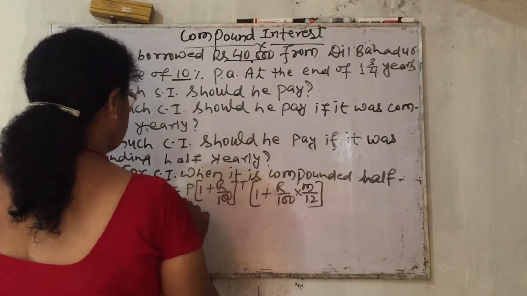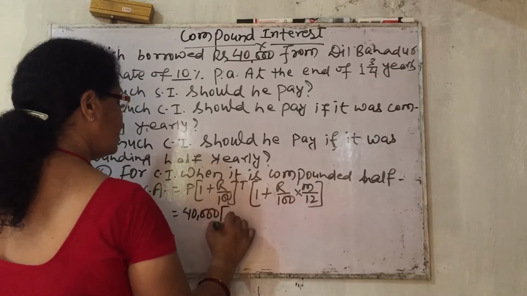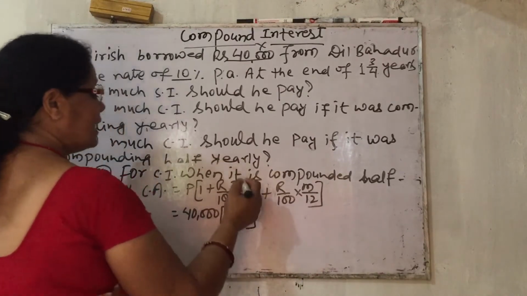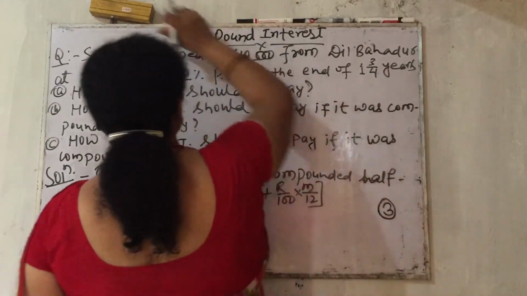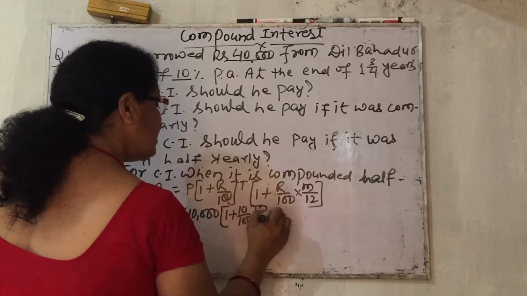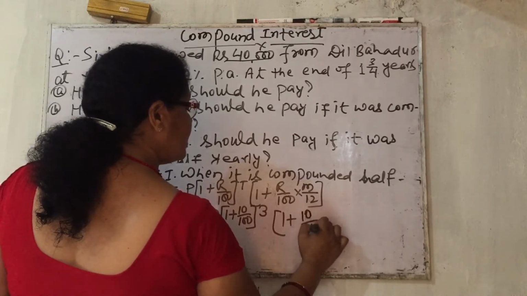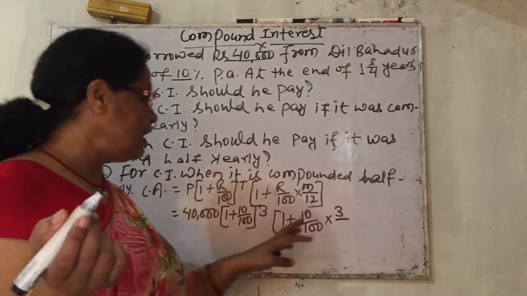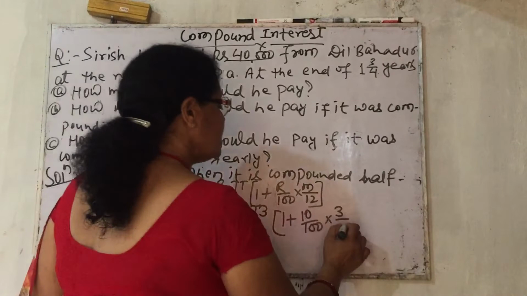Now P equal to how much? 40,000 into 1 plus R by 100 means 10 by 100, and T means how much I had told? 3 years and 3 months we have altogether. So let's write down here 3 and here 1 plus R by 100, that means 10 by 100 into M. We have 3, and months we are calculating not in 12 months. It is compounded semi-annually, so it will be 6 only.